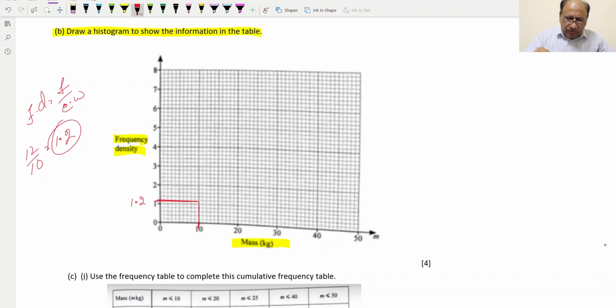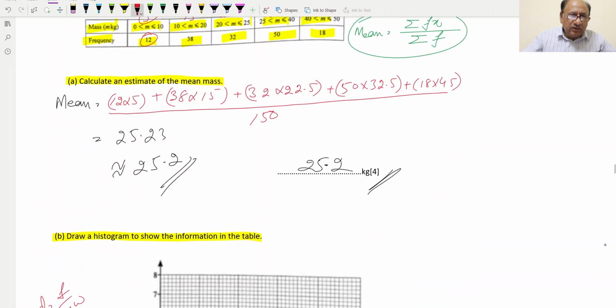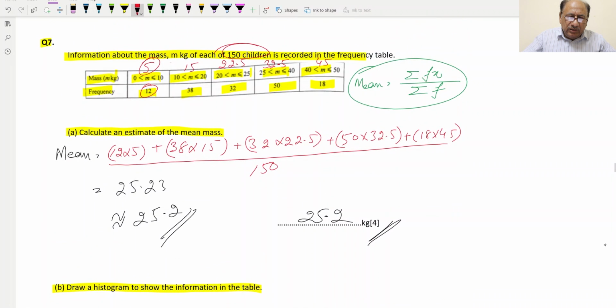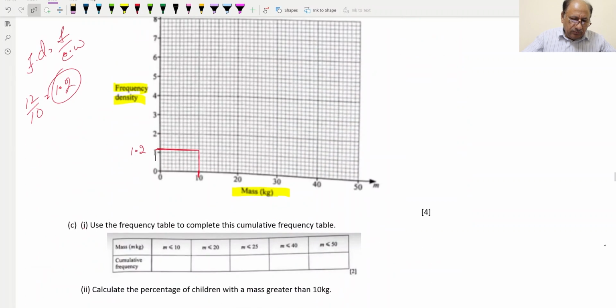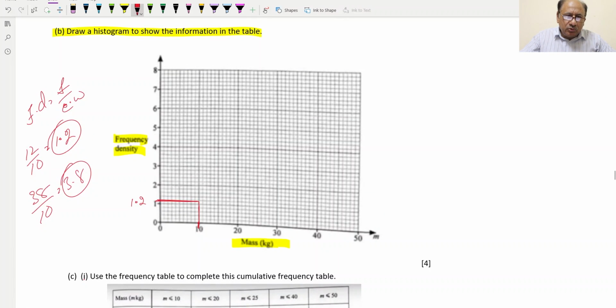Hopefully you are getting it. The second one is 38 divided by 10 again, which is 3.8, from 10 to 20.